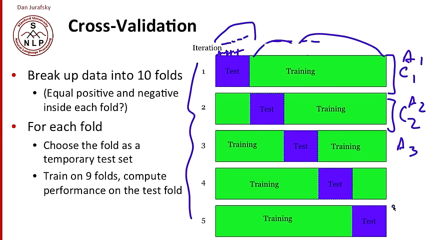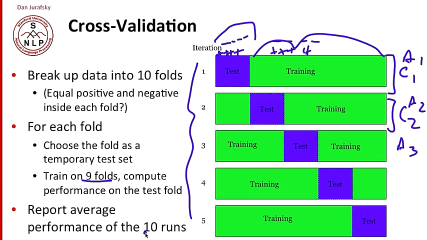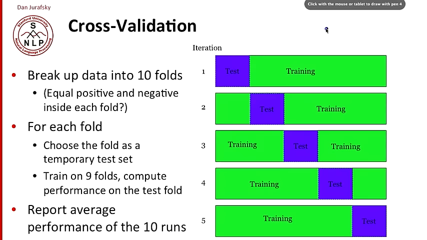So we'll have 5 different, or in our example here, 10 runs, each time we're training on a fold and computing our accuracy. We'll take the average of all those, and we'll report the average of these 10 runs, each one training on 9 folds and testing on 1 test fold. And in general, it's nice if we also add a final test set.